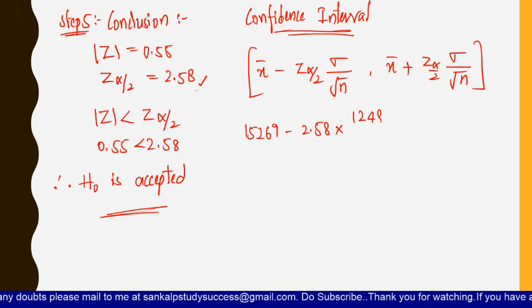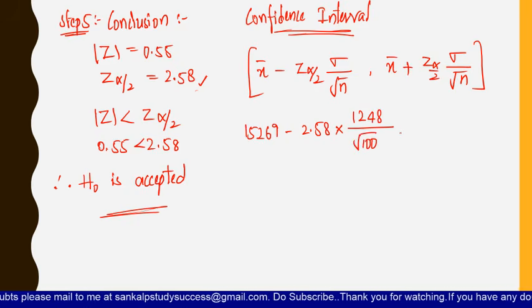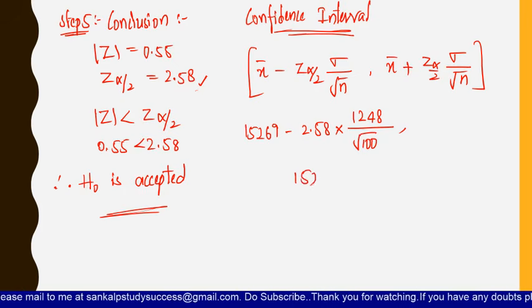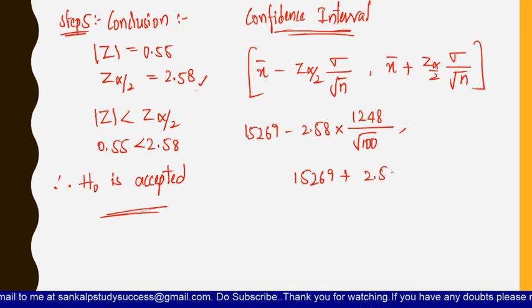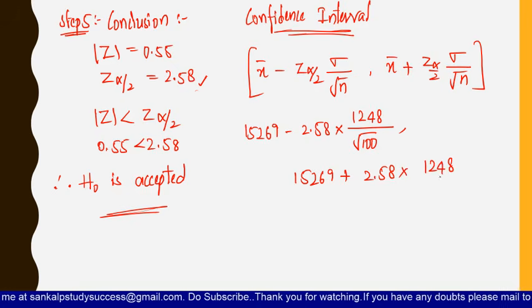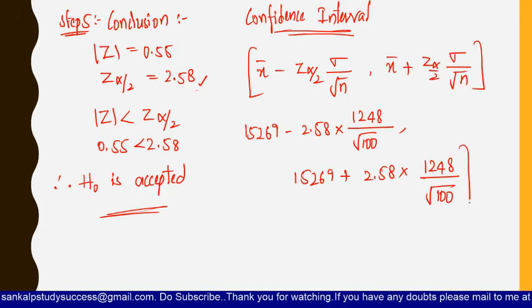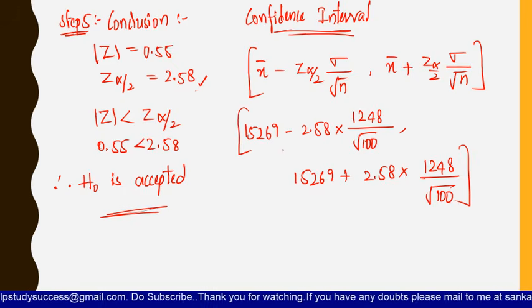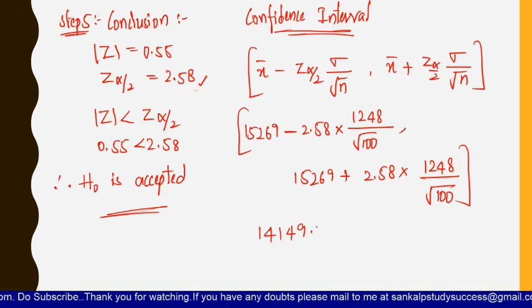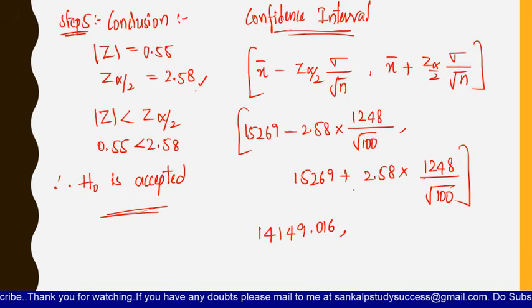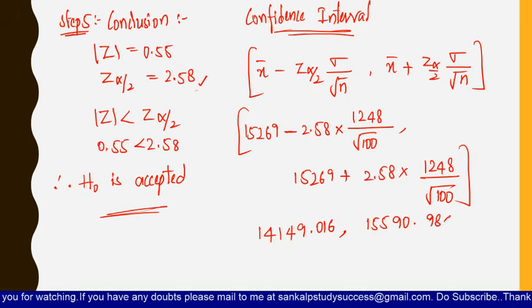Sigma is 1248 by square root of 100, comma, 15269 plus 2.58 into 1248 by square root of 100. This is the confidence interval. If you simplify these values, you will get 14149.016, comma, and the second term you get as 15590.984.